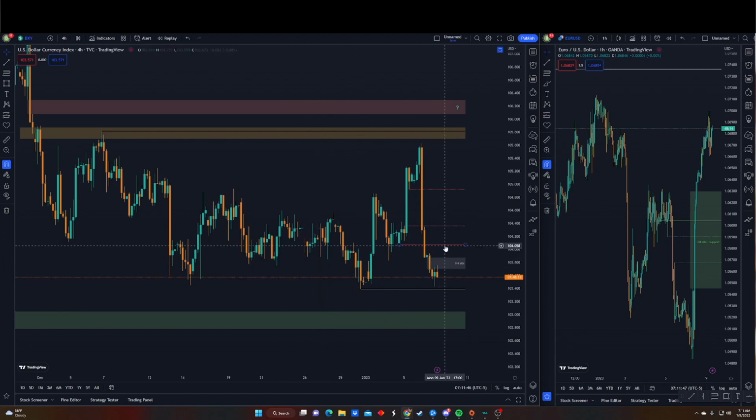I don't think price is going to go up here today. 104.361. I wanted to find a short entry on dollar, long entry on euro at that level. Well, I was studying price over the weekend, but we've been moving away from it. I think we're heading straight for 103. So that's where I'm at with that.